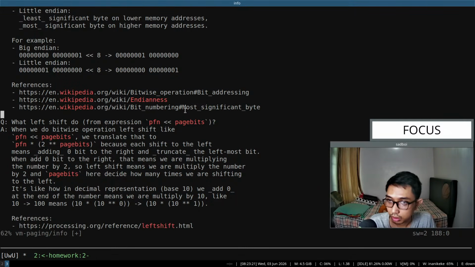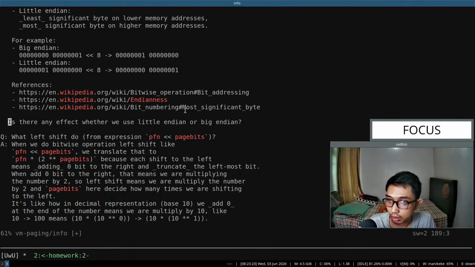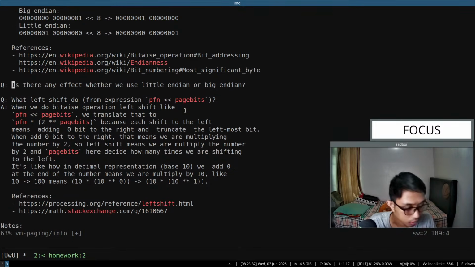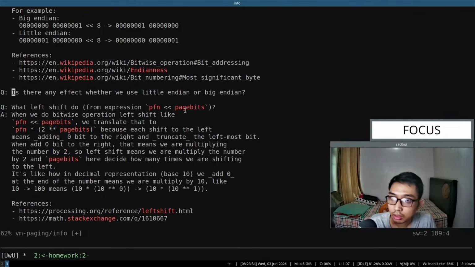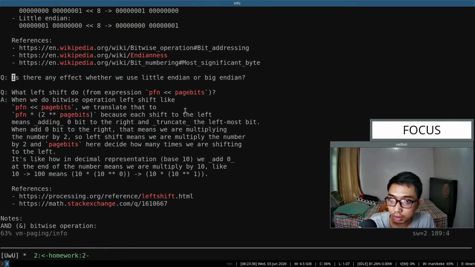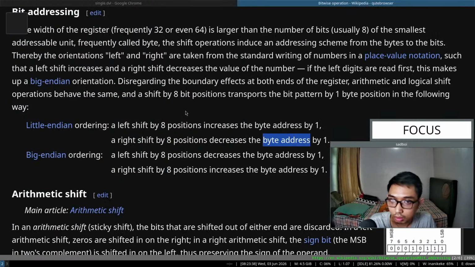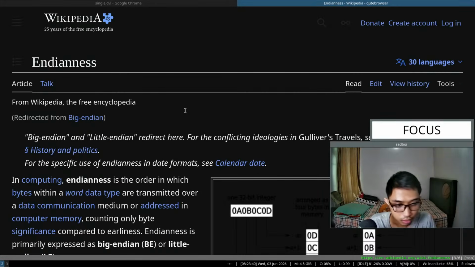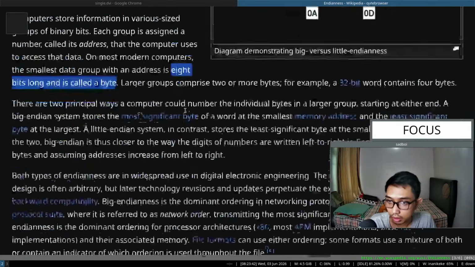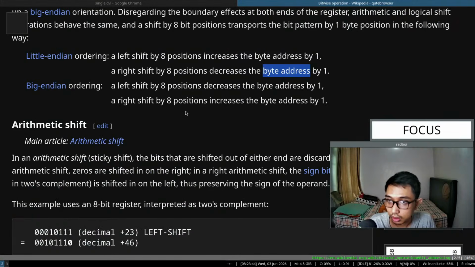Maybe putting this in this one as the new question. We use little endian or big endian. Let me try checking that.